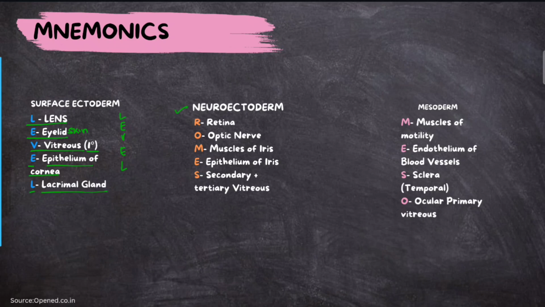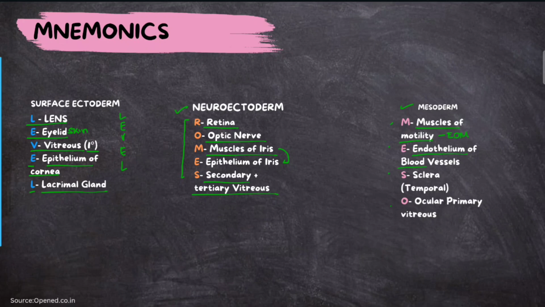Next is neuroectoderm. For neuroectoderm, we'll remember ROMES. R is retina, O is optic nerve, M is the muscles of iris, E is epithelium of iris, S is secondary or tertiary vitreous. And then third, we'll remember mesoderm. For mesoderm, we'll remember MESO. M is muscles of motility, that means extraocular muscles.